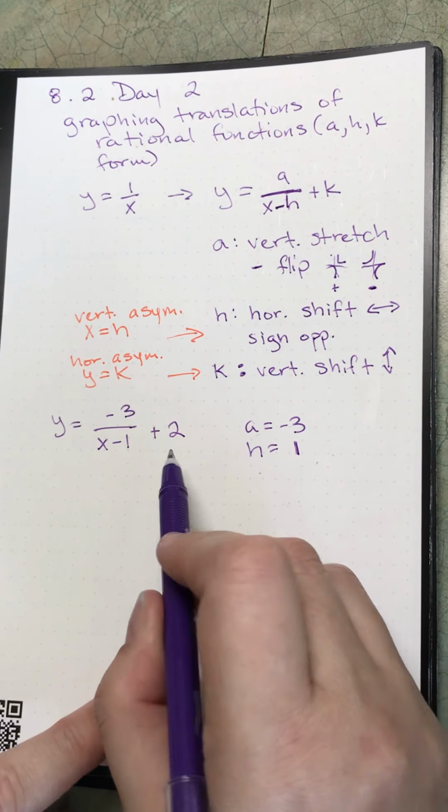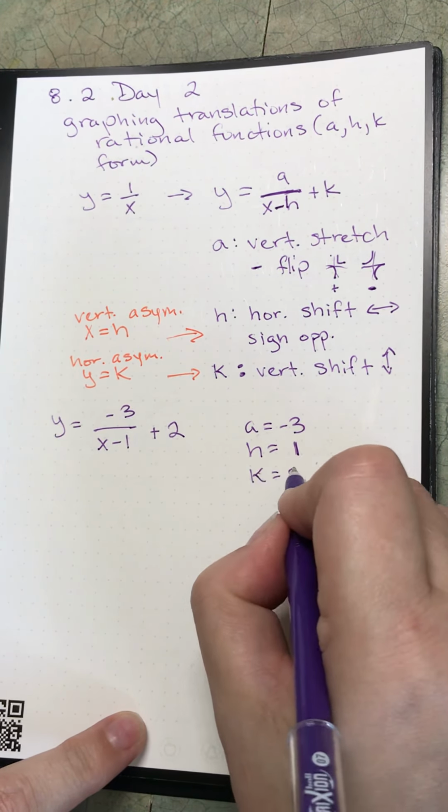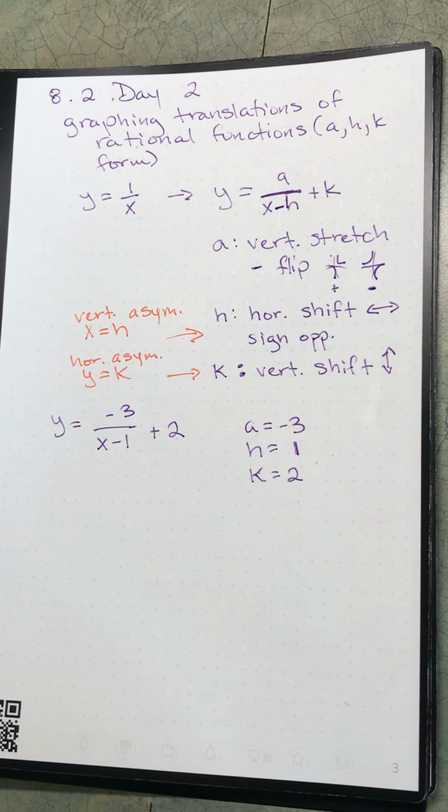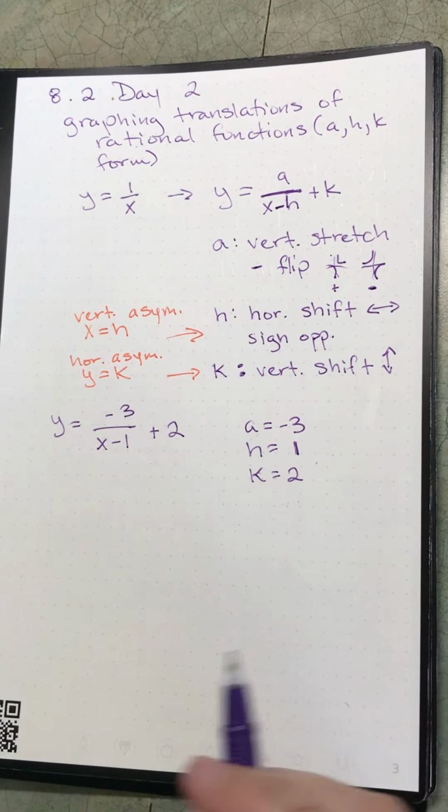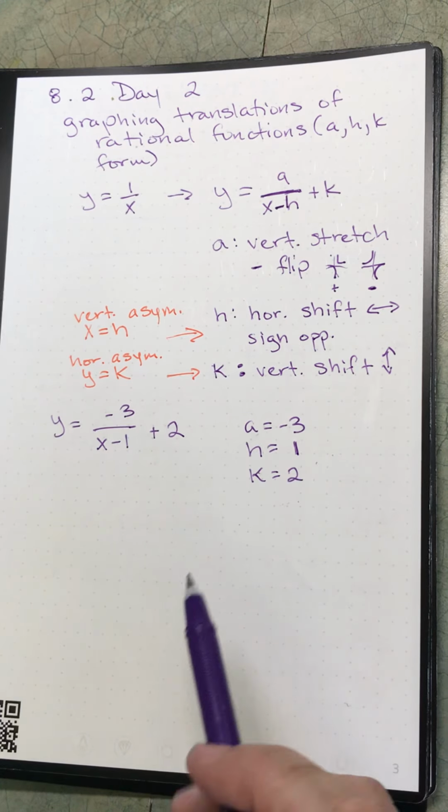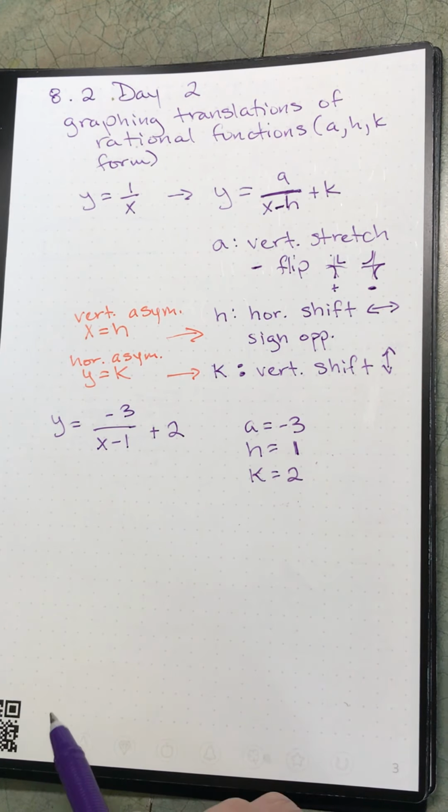And my k value is 2. So I'm going to show you two different ways to approach this. One is to start with the asymptotes and make the table, and the other is to do the table transformations.